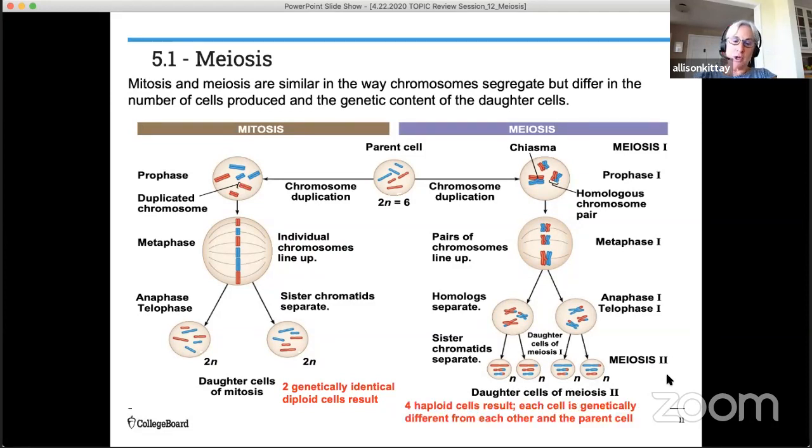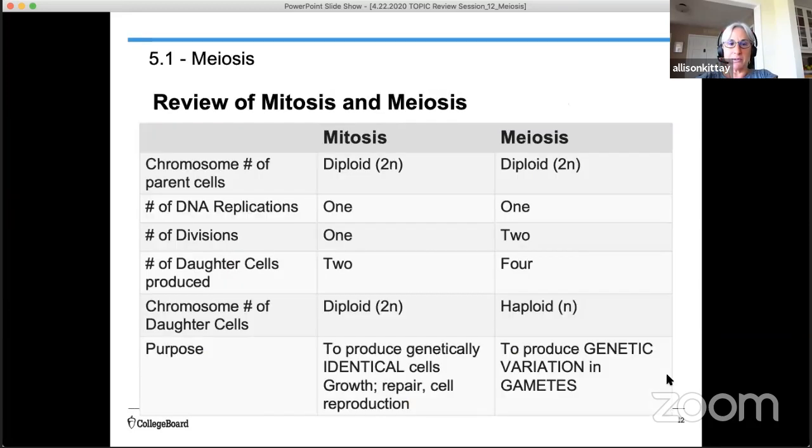And the other thing you should notice, if you look at the colors of the haploid chromosomes in each of those cells, they are different. They are different from each other, and they're different from the parent cells that they arose from. So those are some of the key side-by-side comparisons of mitosis and meiosis.